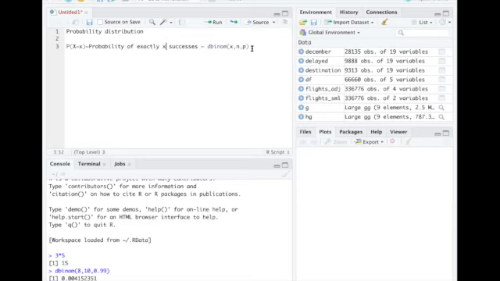We've also talked about cumulative distributions, which is called the CDF. This is the probability that X is less than or equal to x.